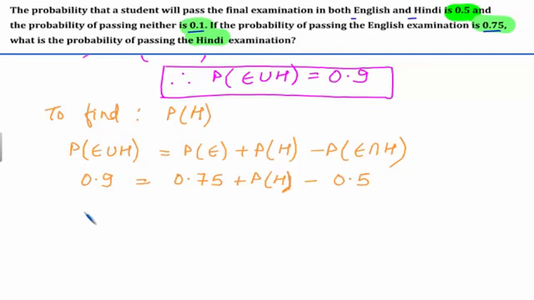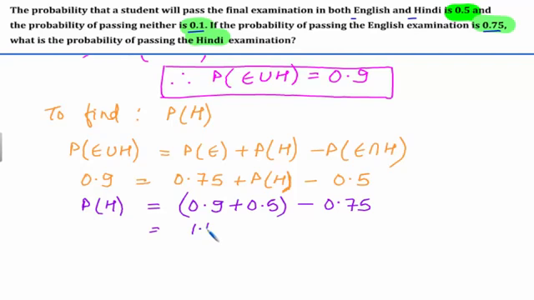This implies that probability of H is equal to 0.9 plus 0.5 minus 0.75, which is equal to 1.4 minus 0.75, and this is equal to 0.65.